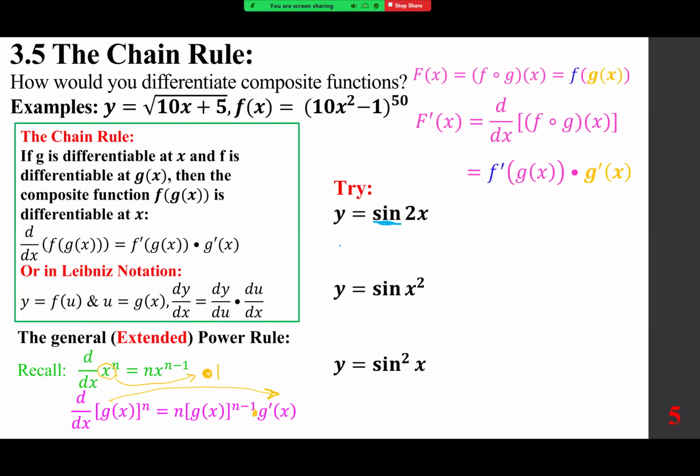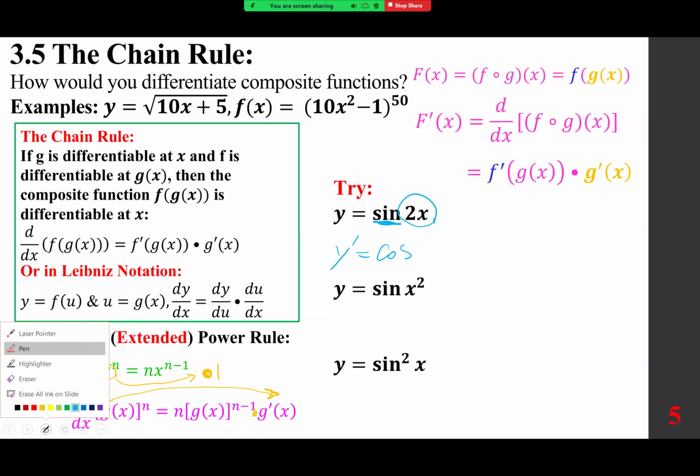I know that the derivative of sine is cosine. We need to have an argument, otherwise sinusoidal functions make no sense, any trigonometric function. Therefore, sine needs an argument.